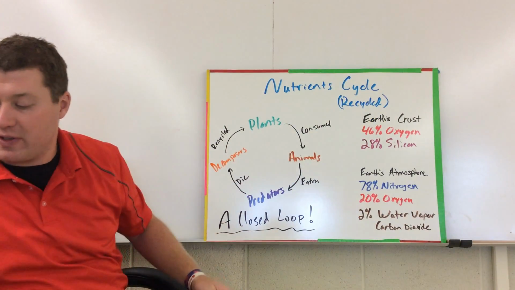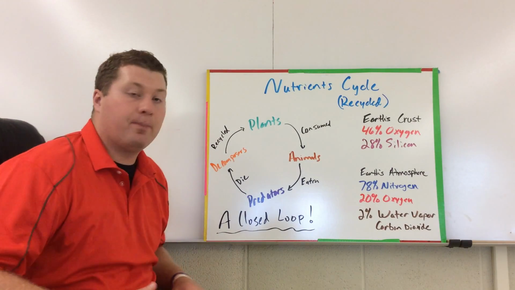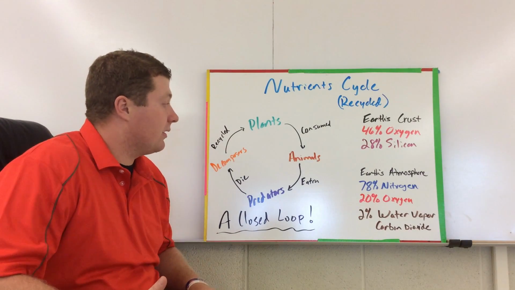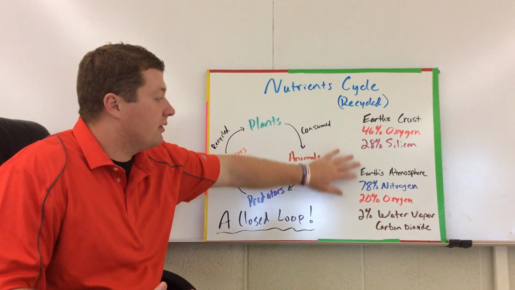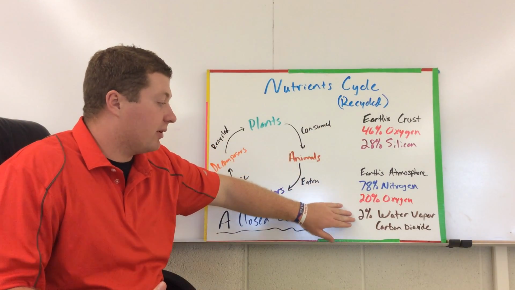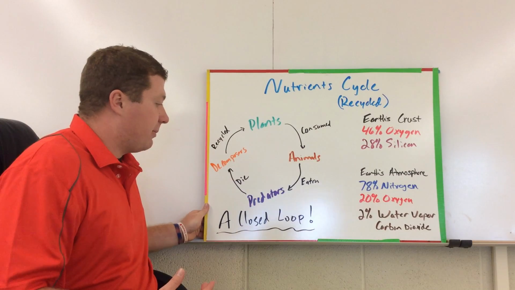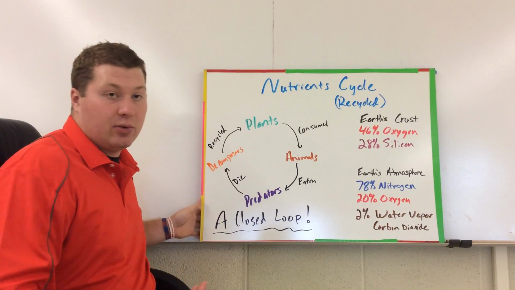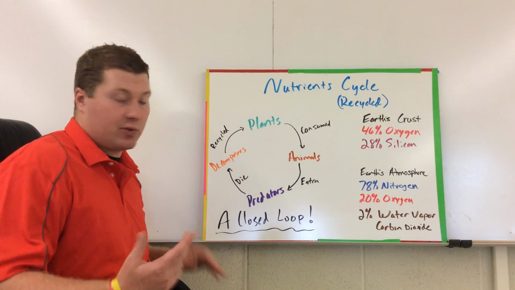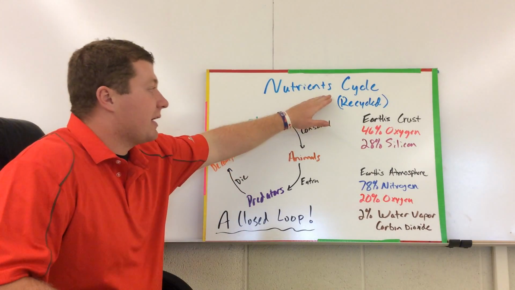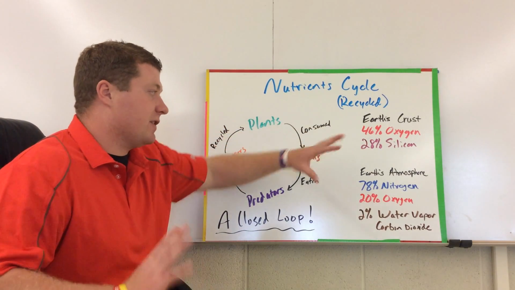Conversely, with nutrients, things like oxygen, nitrogen, water vapor, and any other particles or molecules in our atmosphere or our Earth's crust, nutrients cycle. They're recycled. Here are just a few examples.